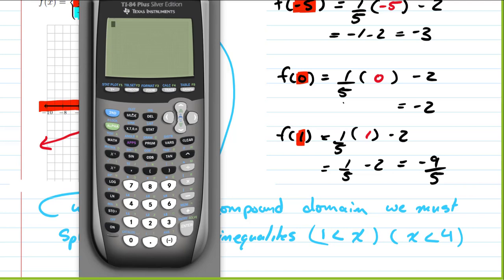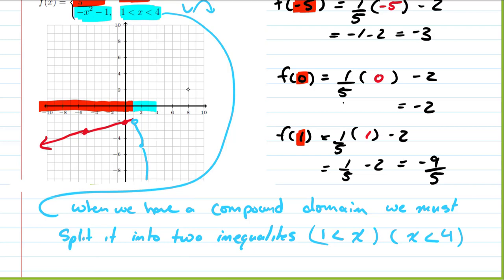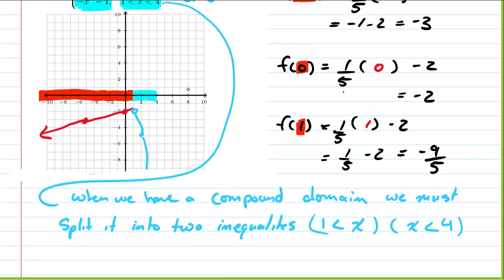I can also use my alpha trace to get my function values as well by selecting y1. If I put in, say, 1 and press enter, my calculator will give me that value. So f evaluated at 1 is equal to -9/5. And if I go graph, as we saw, we get something that matches up with what we had on our calculator.